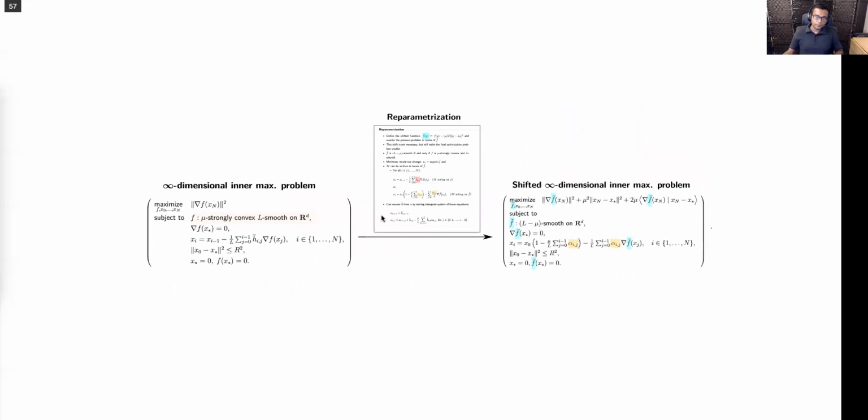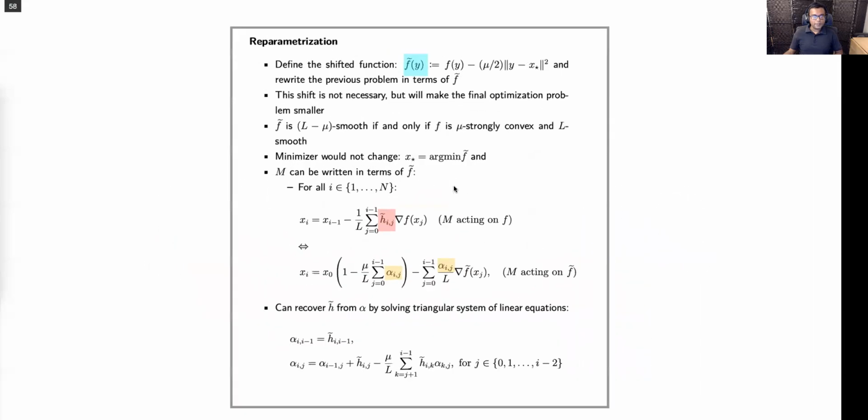So the first thing that I am going to do is a very simple reparameterization. So I have my function f, strongly convex and smooth, and by a variable translation, I will work with f tilde, which is a smooth function. So what does it mean?